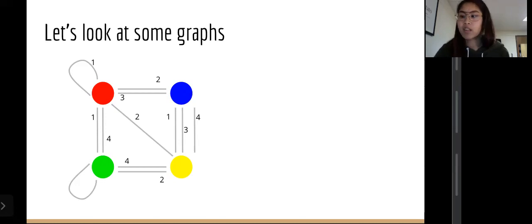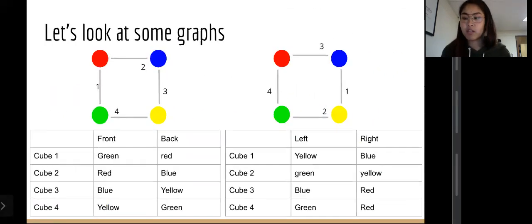So I picked random fronts for this particular example. I still stayed with the colored cubes that we've been using, so that my answer is not going to be different. If we look at the first graph, it's the front, we have a green, a red, a blue, and a yellow.